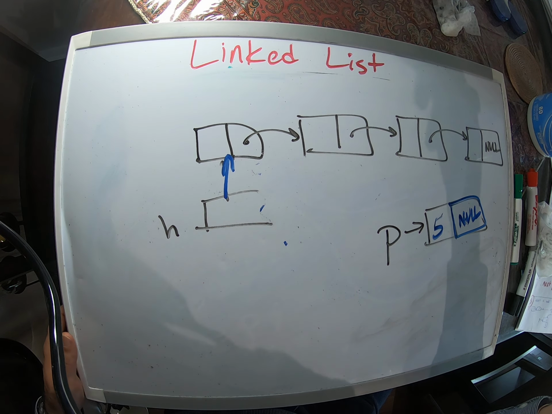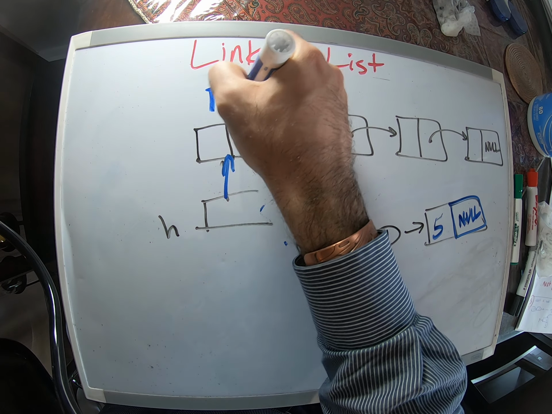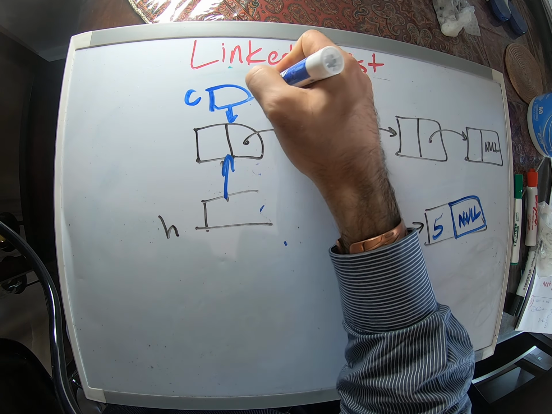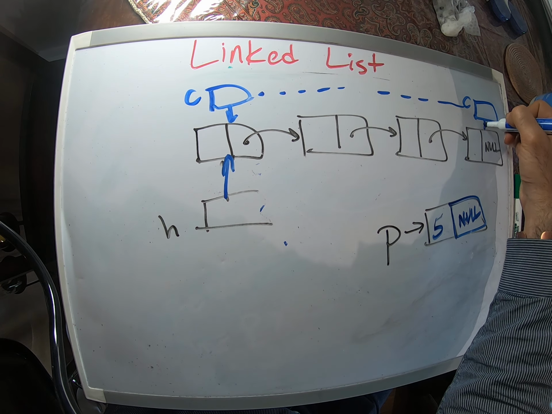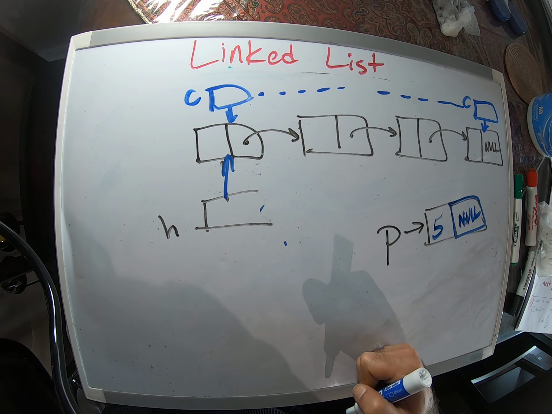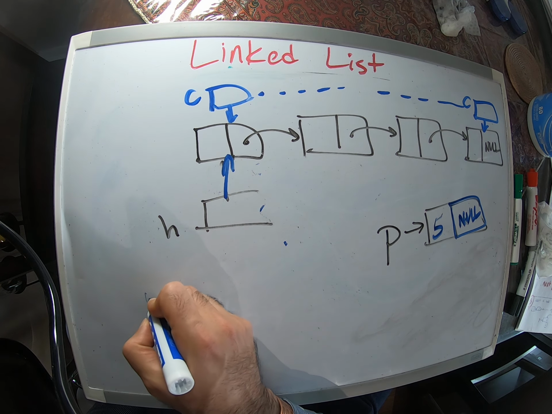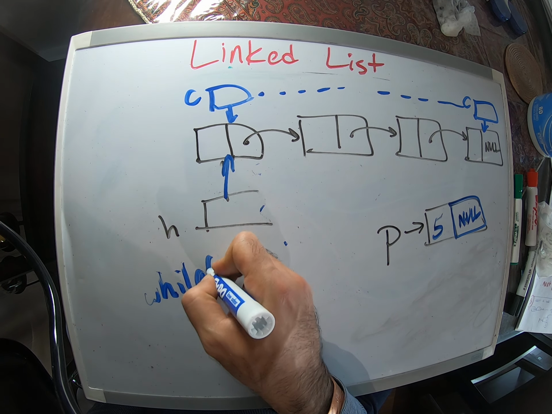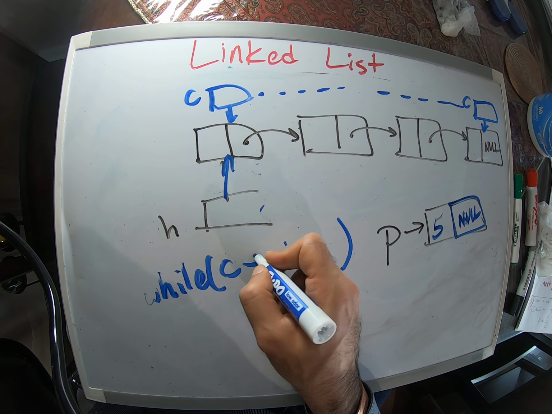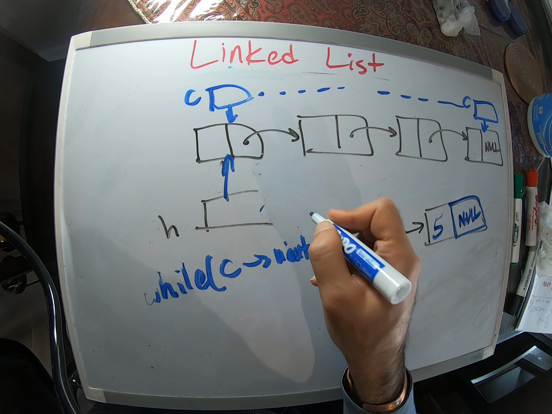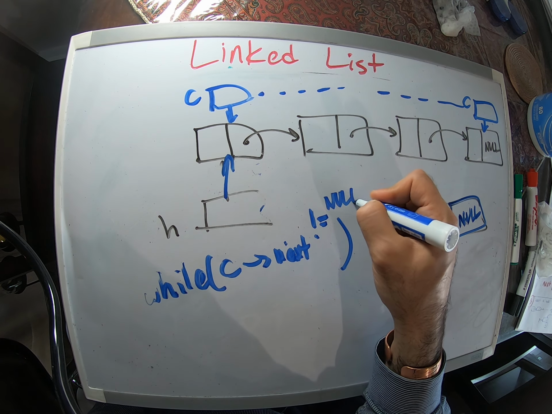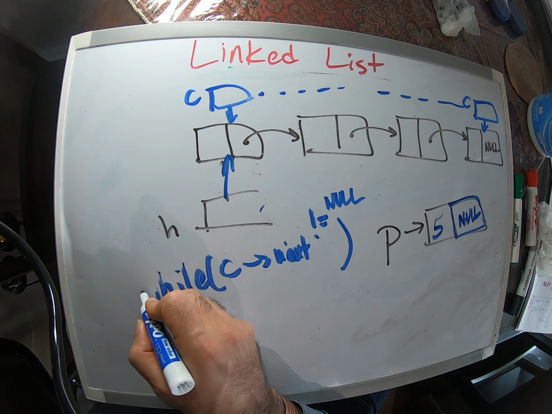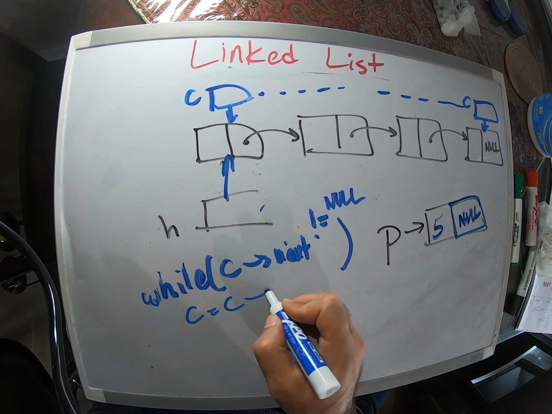We create a pointer and move it all the way to the end. This time the loop is going to be: while c arrow next is not equal to null, c is equal to c arrow next.